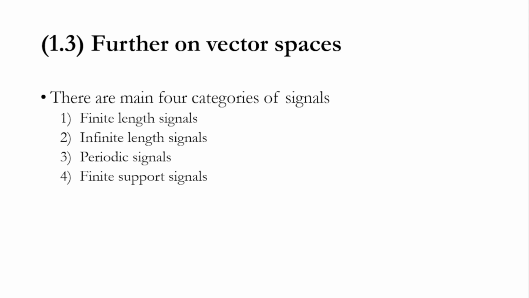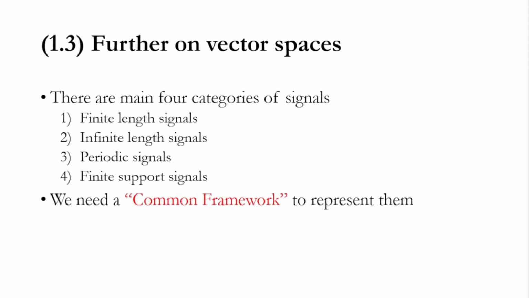Then, to represent these signals in the domain of digital signal processing, we need a common framework. For that, we use vector spaces. As we proceed in this video series, you will see how efficient this framework is.